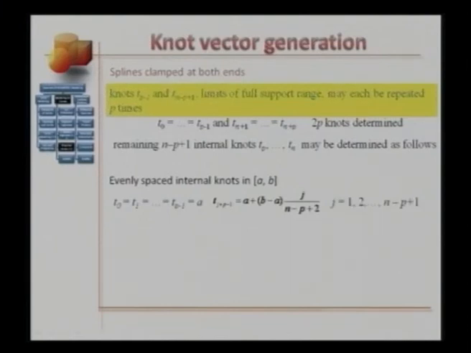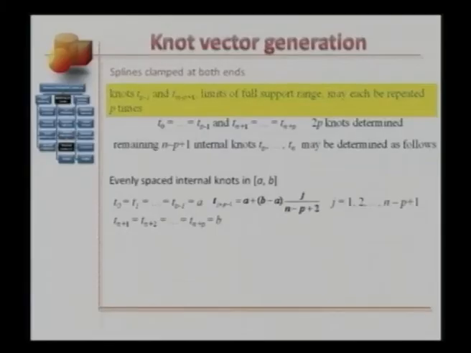Here the index J is going from 1, 2, 3 up till N minus P plus 1. And the last P knots, which are Tn plus 1, Tn plus 2, Tn plus 3 up till Tn plus P, can all be set to B.